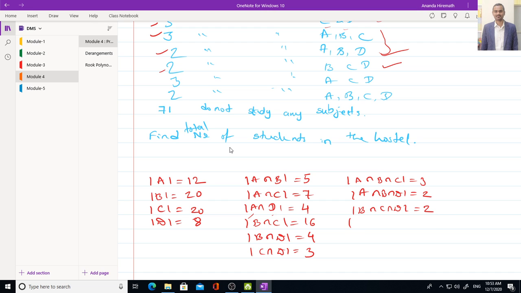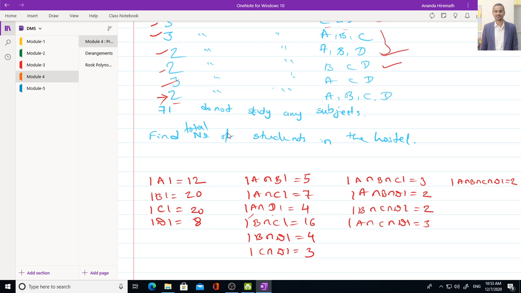A, C, D, that is intersection of all these 3, is 3. We are done with combination of 3's. Now let us see how many students are there who study all 4 subjects. There are 2. It is given data. 2 students study all these 4 subjects. Means that A intersection B intersection C intersection D is 2.